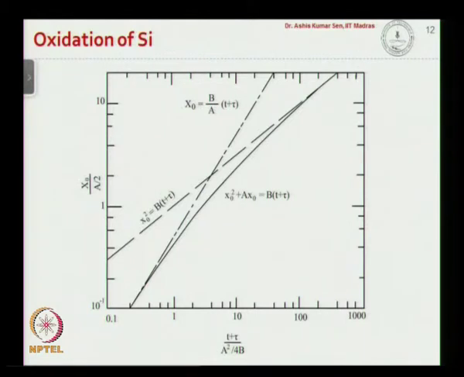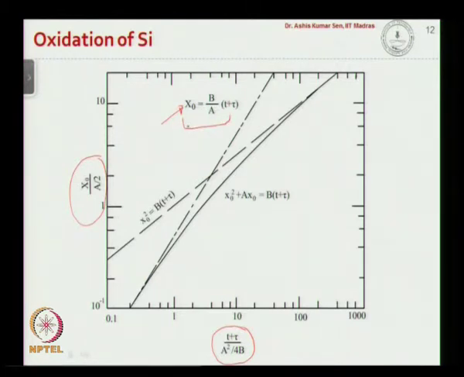So here is what we have discussed. You can see we are talking about how the oxidation thickness is varying, and on the x axis we have time. This equation is valid for smaller, thinner oxide layers, or when the time is less, okay.